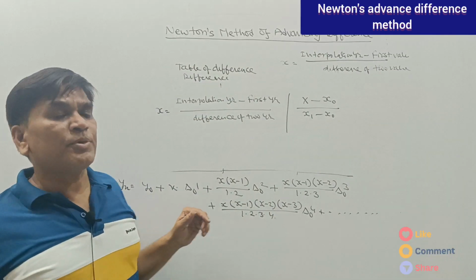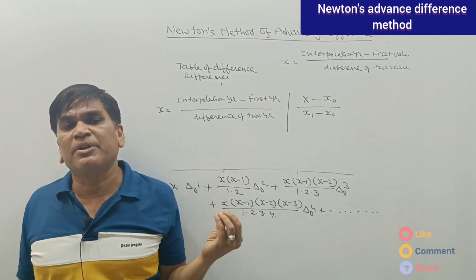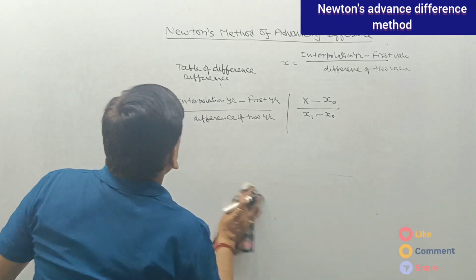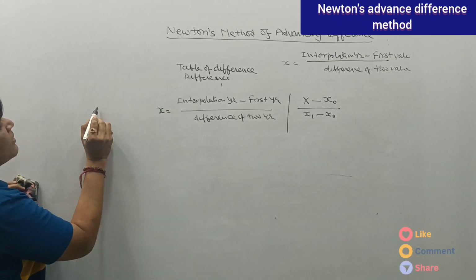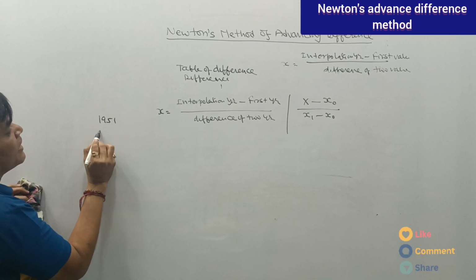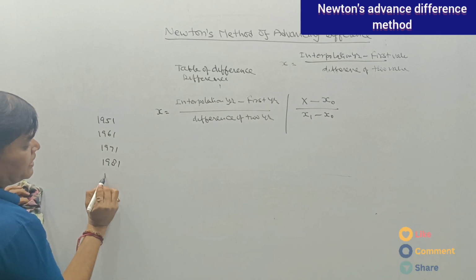Suppose our data is given for the years 1951, 1961, 1971, 1981 and 1991.